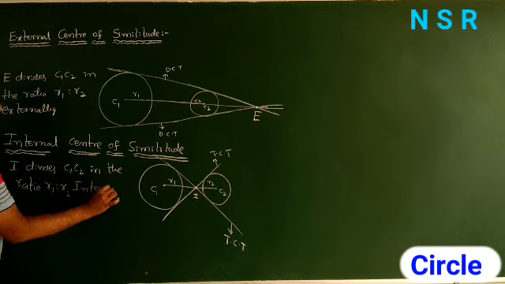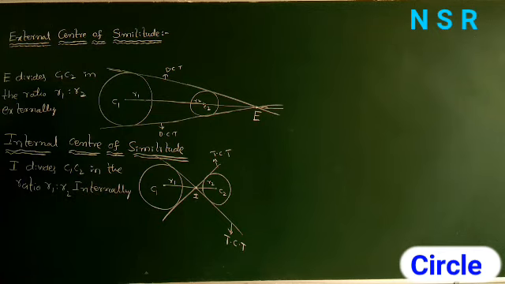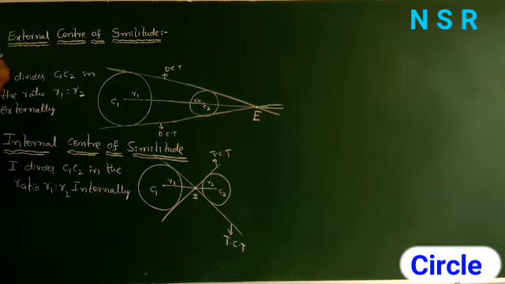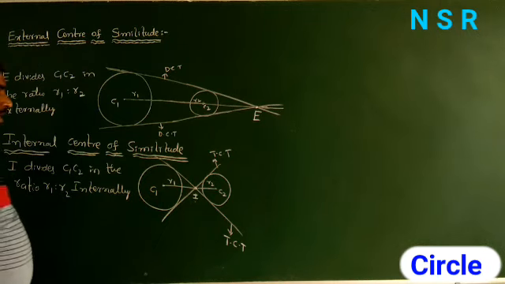So this is the condition. Internal center of similitude means I, external center of similitude means E. External means the intersection point of direct common tangents. Internal center of similitude means the intersection point of transverse common tangents.